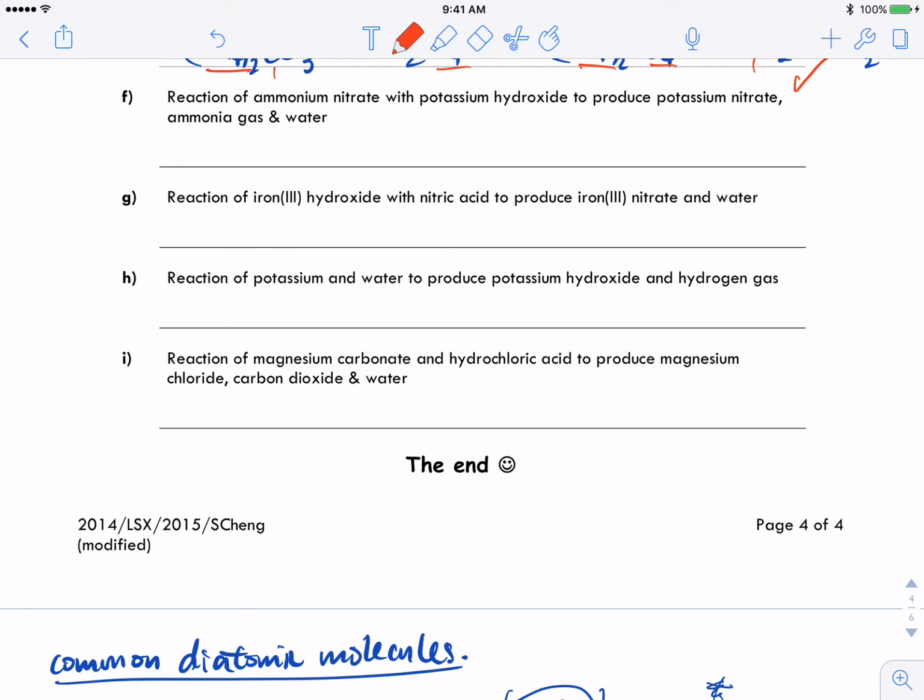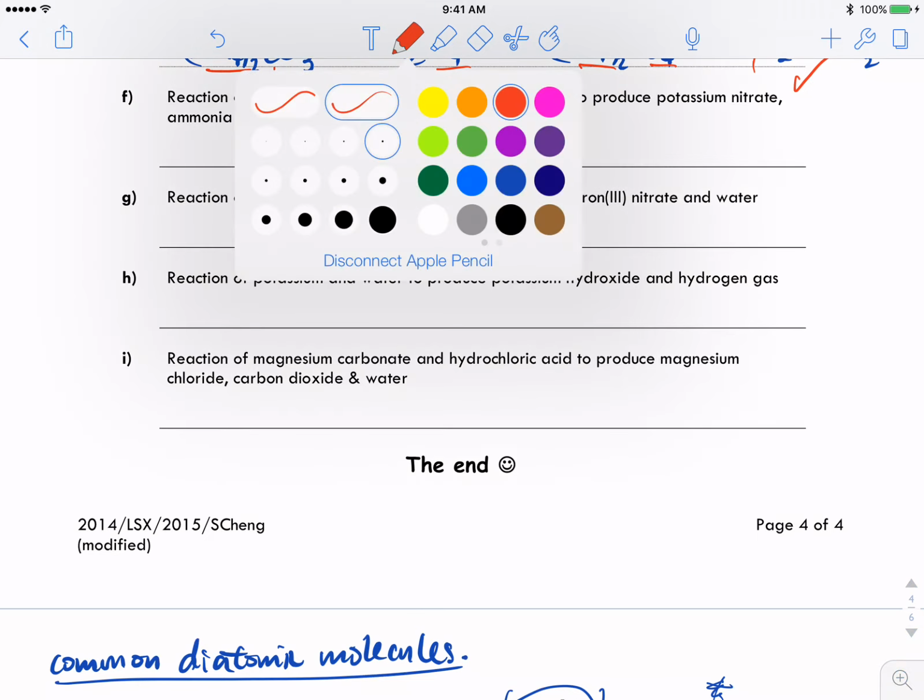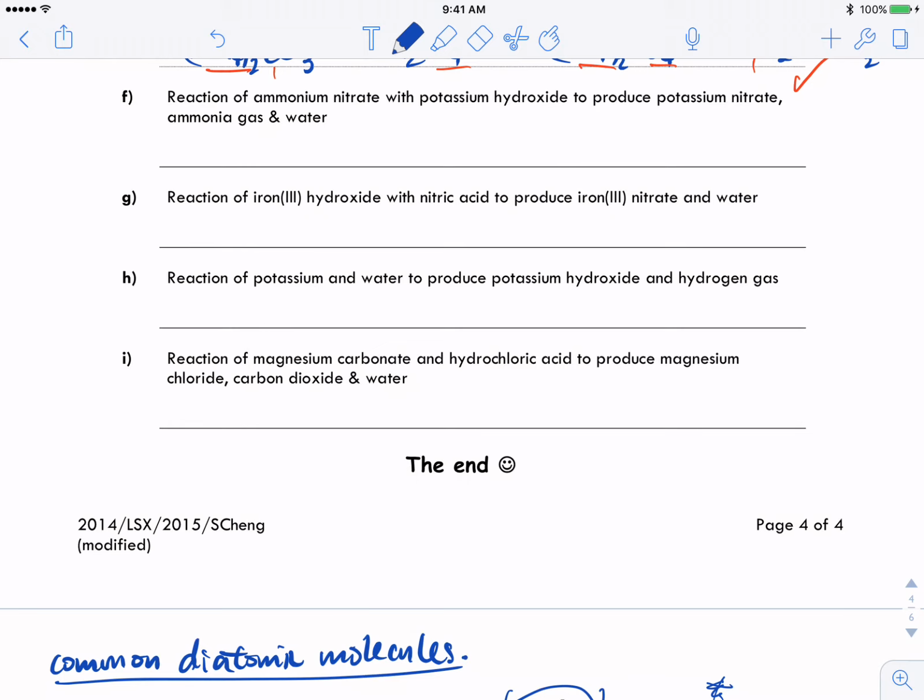F. Reaction of ammonium nitrate with potassium hydroxide to produce potassium nitrate, ammonia gas, and water. Let's try writing this down again. Ammonium nitrate is NH4 plus and NO3 1 minus, so this is just their formula, NH4NO3.